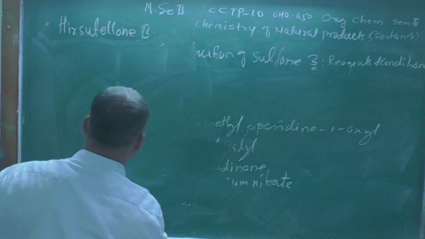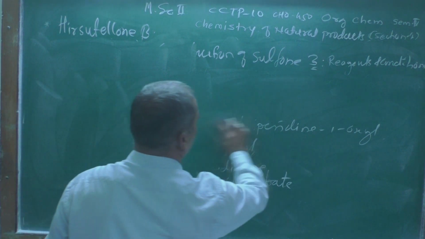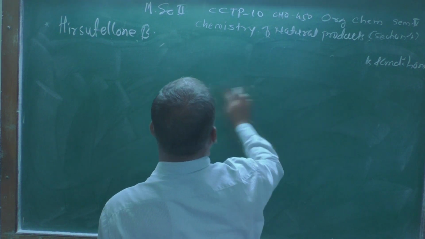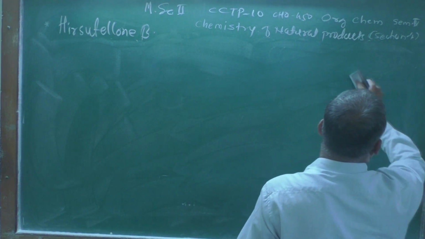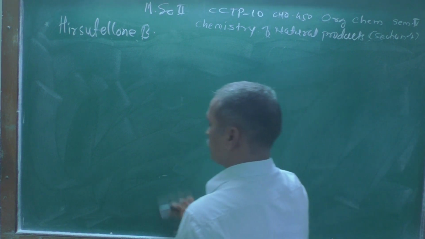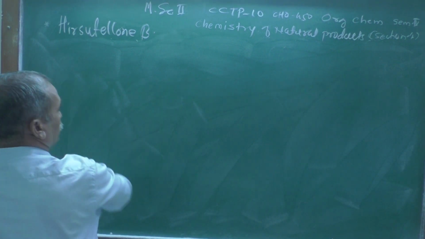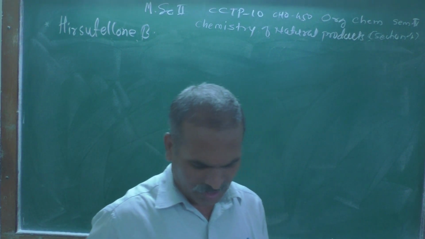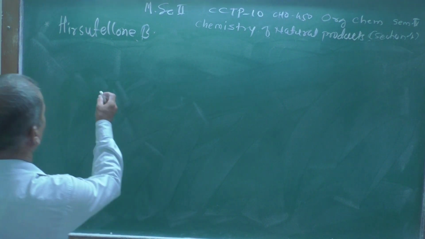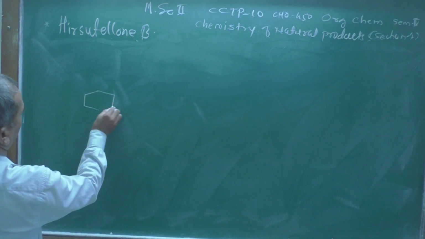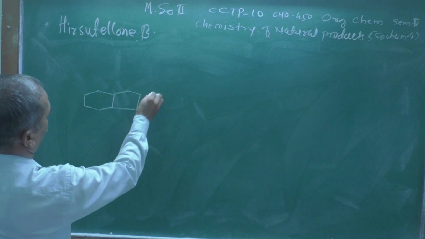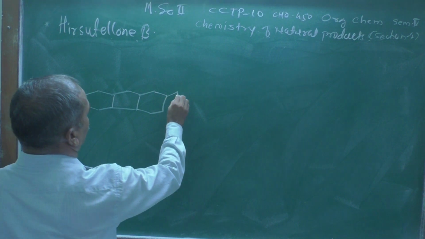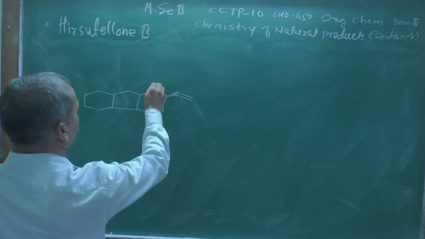So let me clean the board first and we will see the rest of the thing over here. Let's start with structure number 3. As we know, structure number 3 will be like this. This is a tricyclic core which is written like this.